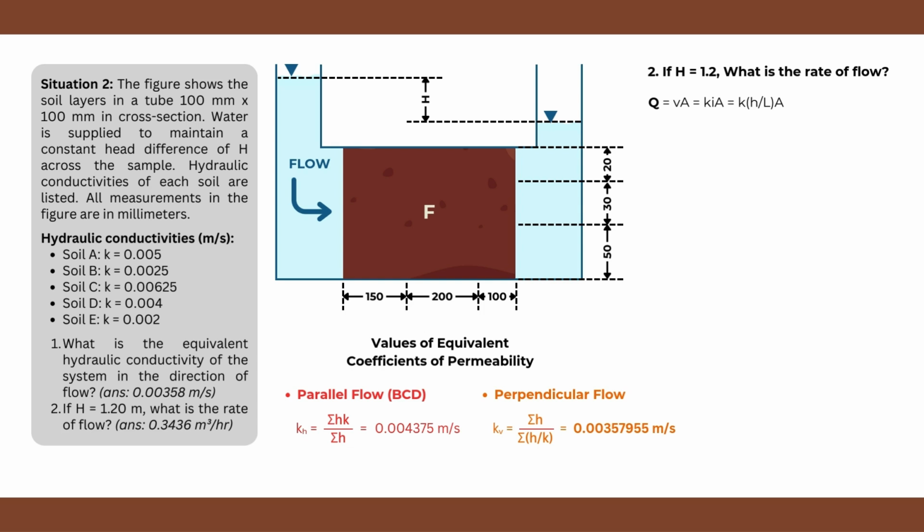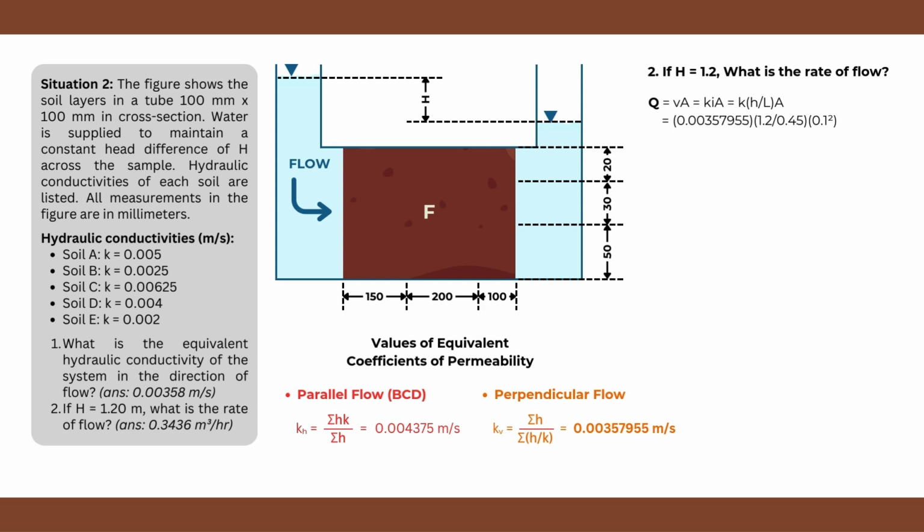Take note also, our hydraulic gradient is a unitless value, since H and L are both length measurements, so the units should cancel out. With that said, it's actually quick from this point. Just don't get confused when plugging in the values. So K is equal to 0.00357955.